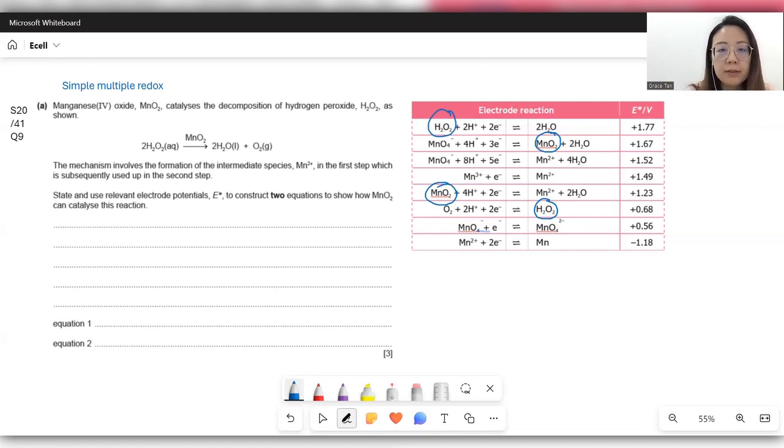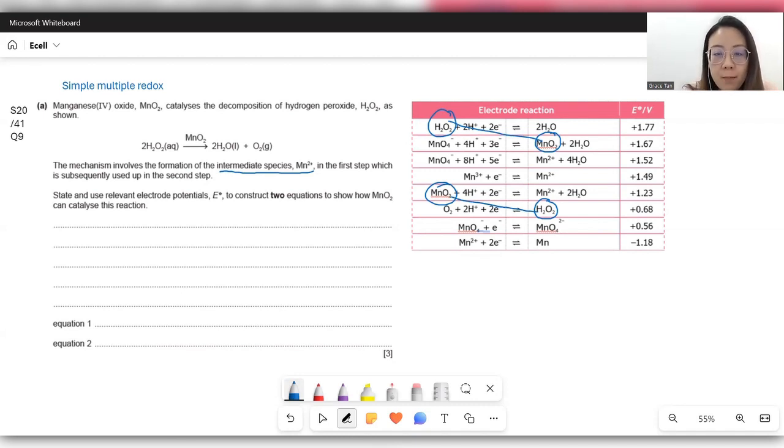Now first, they say hydrogen peroxide reacts with MnO2 to form Mn2+. You need to form the intermediate species Mn2+. What you can see here is that there are two possibilities.